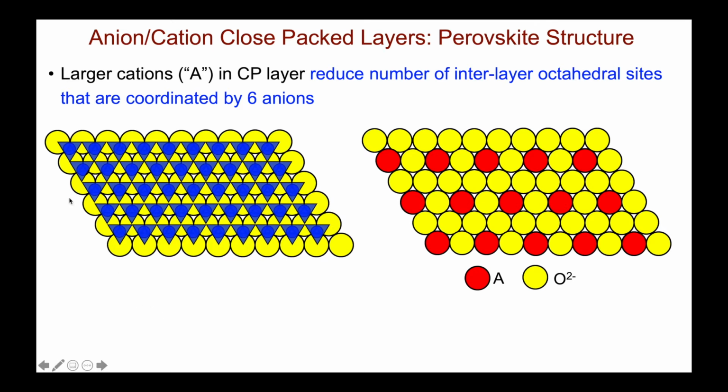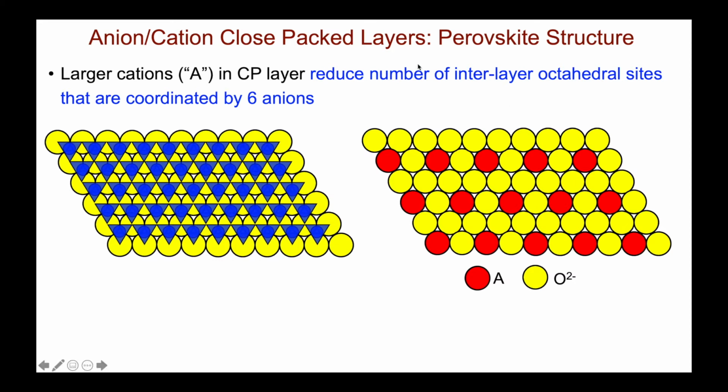So for a close packed layer we've seen before, where all of the species in the layer are anions, then we're familiar with a 1-to-1 ratio of the octahedral positions, shown in blue here, just showing the base of them. Now in the layer where I have an ordered arrangement of large cations and anions, some of these octahedral positions are blocked.